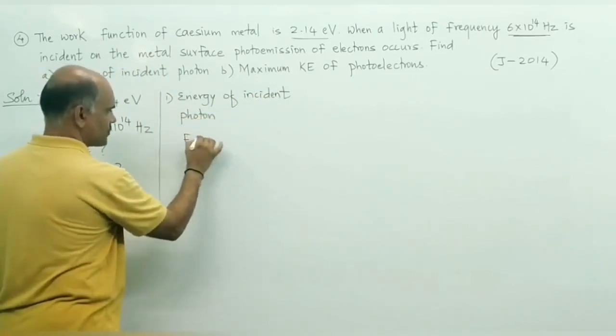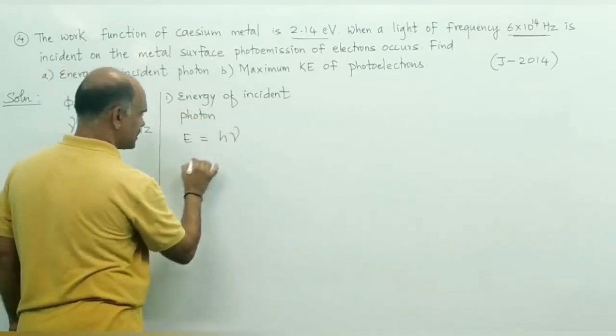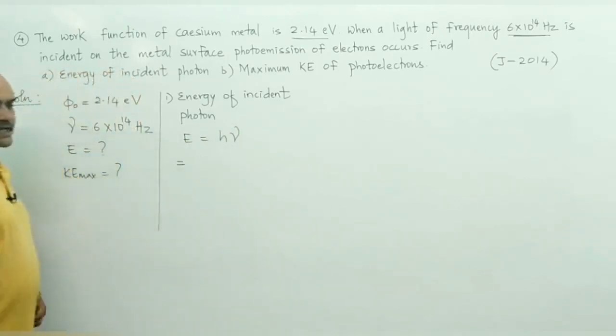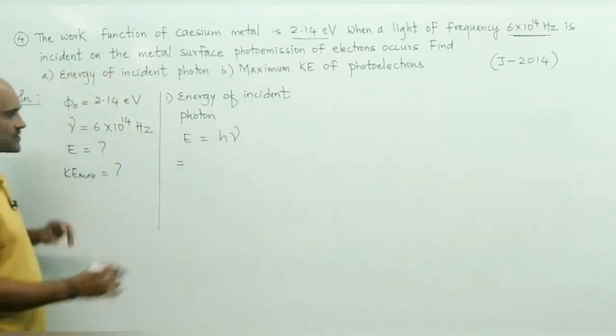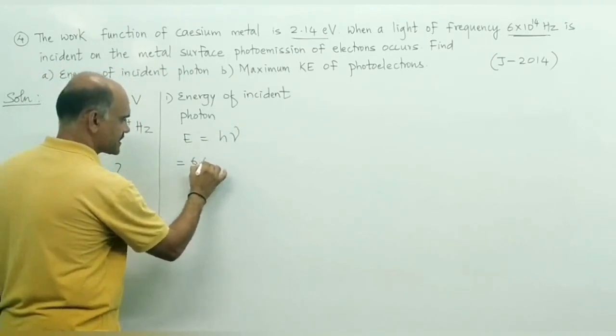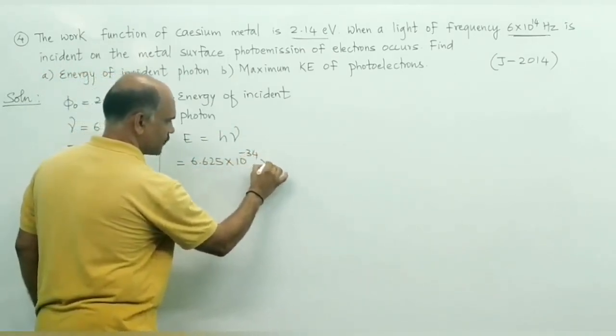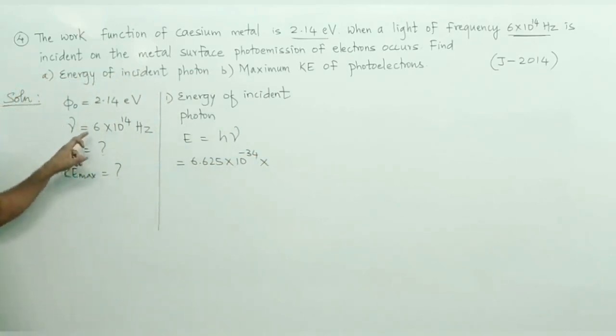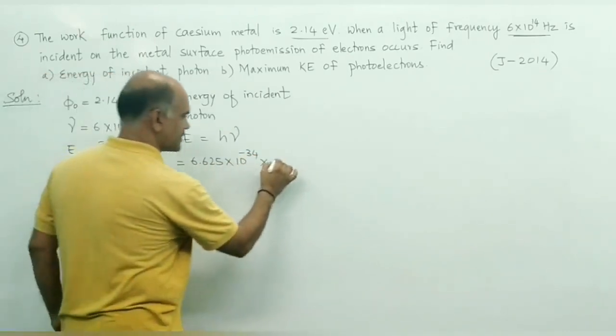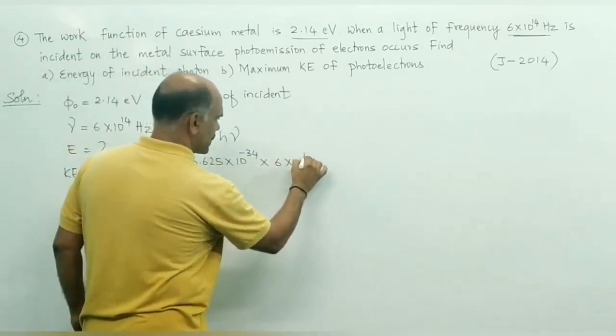So E is equal to h nu. So now again substitute the values. H, you might be remembering now, is 6.625 into 10 raised to minus 34. Frequency of incident light is 6 into 10 raised to 14.